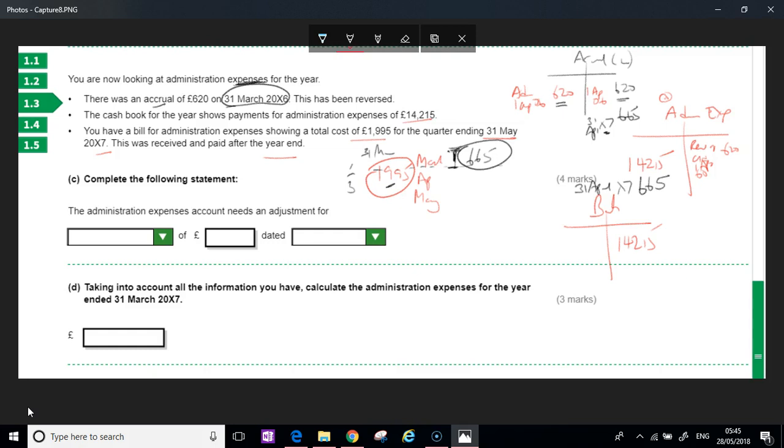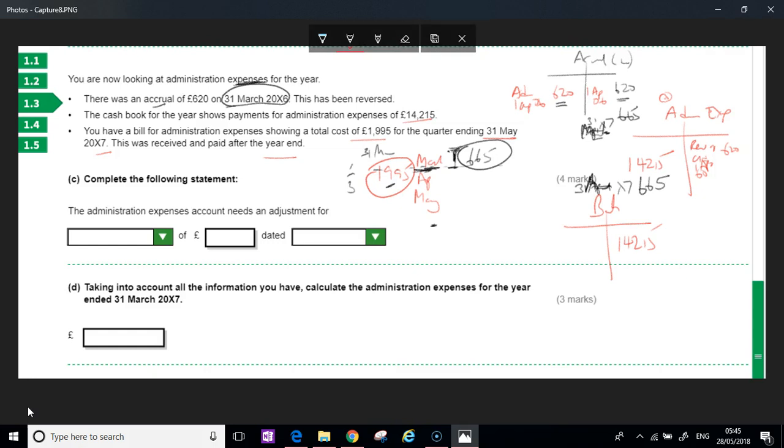Even I've missed that. March, April, 31st of March. Forgive me. 31st of March. That's the year end. 665, 1 month, 31st of March. I keep saying May, this is confusing me. No, sorry, it's not this. This is the one, 31st of March. You paid till May, you owed it till May. So 31st of March.